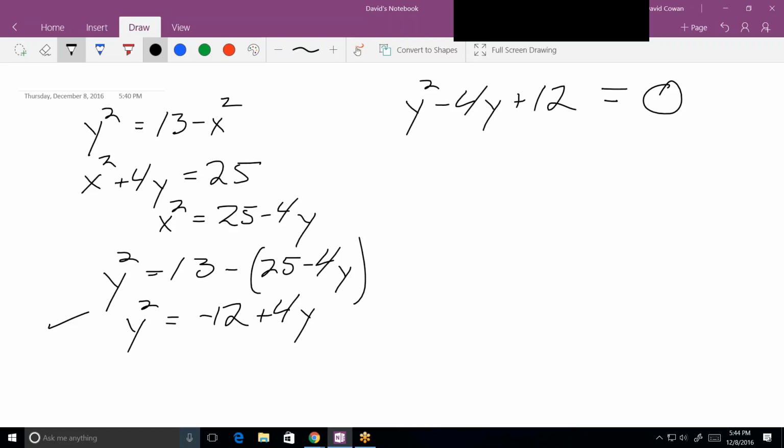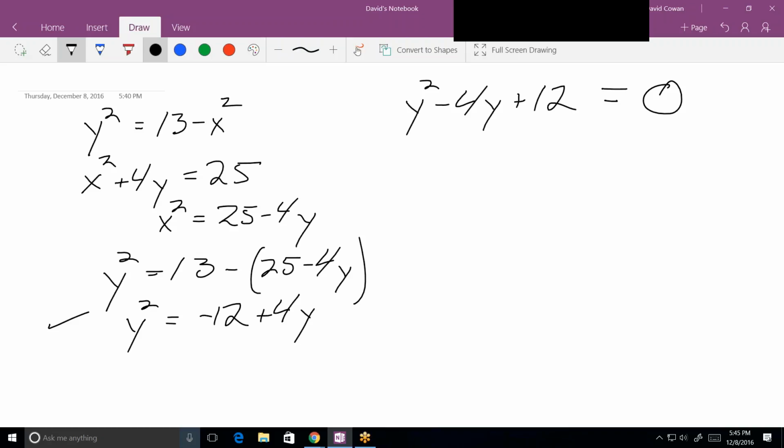So if you took the x squared from the x squared plus 4y equals 25 equation, and you moved it over to the right side, so you subtracted x squared from both sides, and then you moved the 25 over to the left side and subtracted 25 from both sides, you have negative... That can't change the algebra.